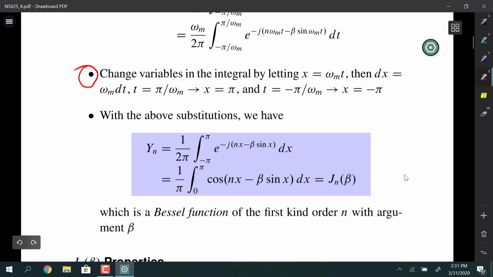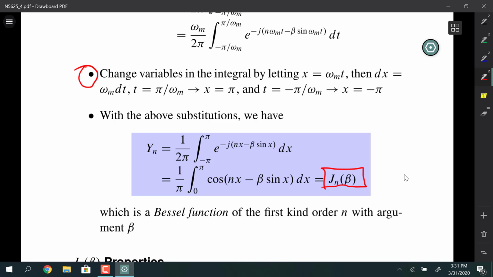So the blue box there is into a form that either is the complex exponential form or a cosine form. And if you go to a handbook of integrals or you look online for what is the integral, that's a definite integral, since you're integrating from 0 to pi, it becomes this special function in mathematics, and this is the J sub n Bessel function. So it's got a name.